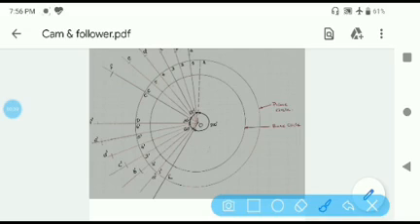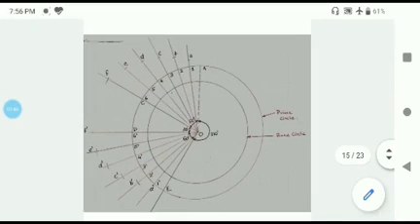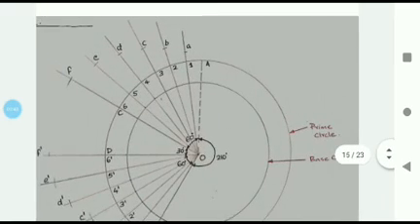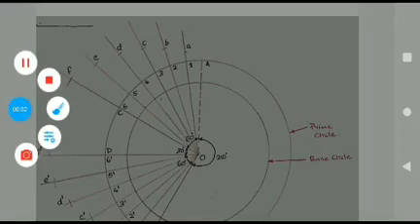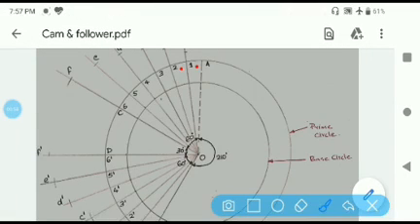That means you need to take an angle of 10 degree, and you need to make the divisions on the outstroke as well as return stroke region, and also label the intersecting points with the circle, that is 1, 2, 3, 4, 5, 6.